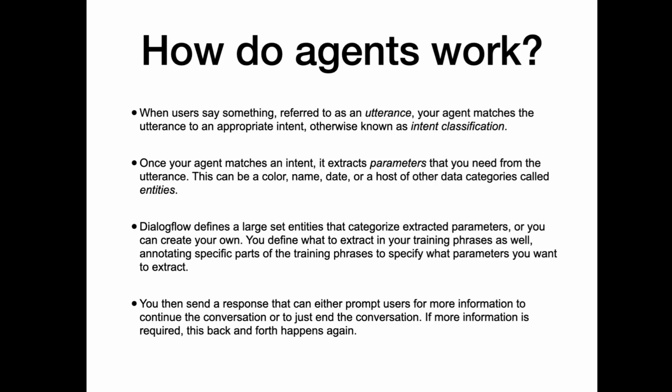So how does it figure out what you mean? It's basically known as intent classification. That is where the platform makes a lot of difference: how it figures out, based on your training, that this is the intent that you want. So once your agent matches an intent, like it figures out, okay, I want the weather in Singapore, then it will extract the parameter.